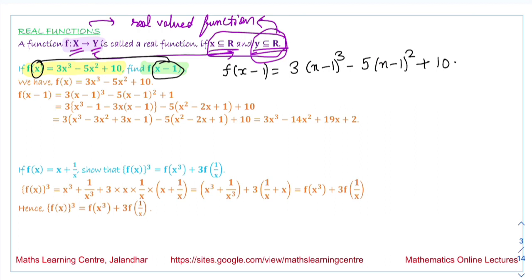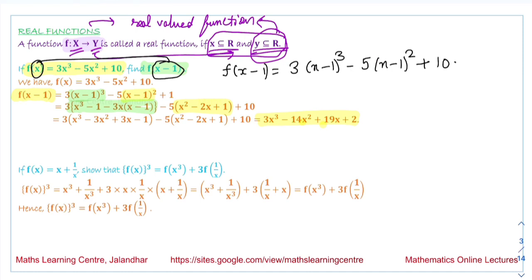We have applied the formula of (x minus 1) cube over here, and the formula of (x minus 1) square over here. On collecting the like terms, we obtain the final answer in the form 3x cube minus 14x square plus 19x plus 2. So this is the value of f(x minus 1).